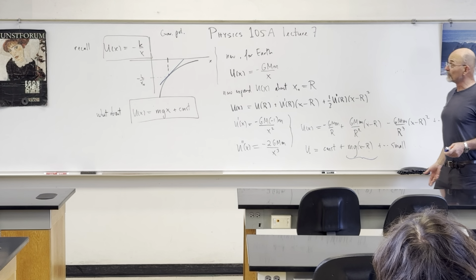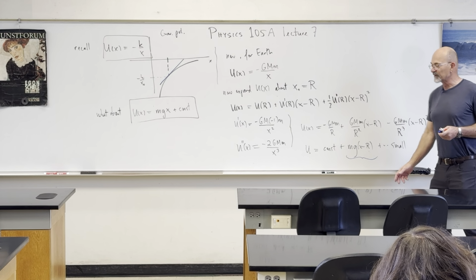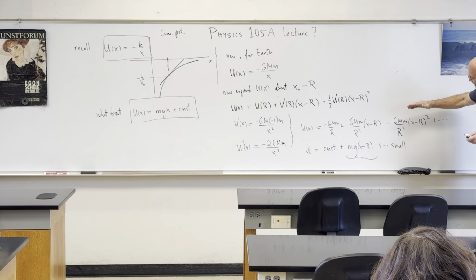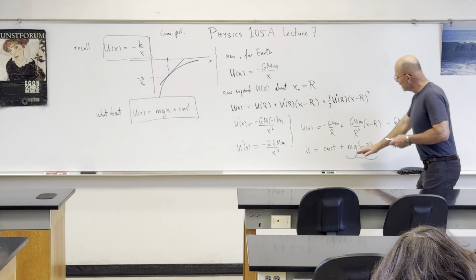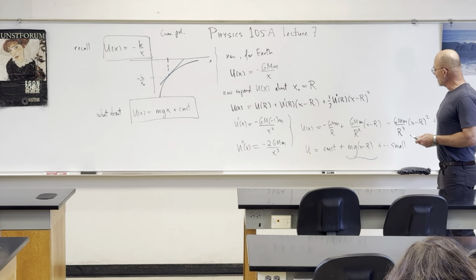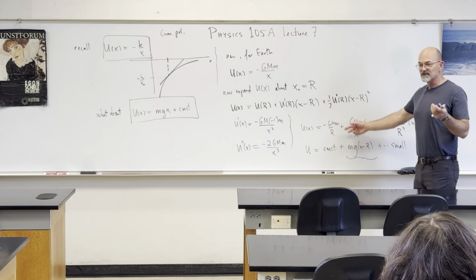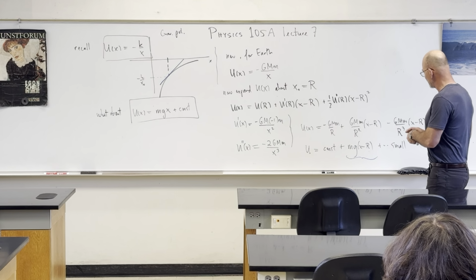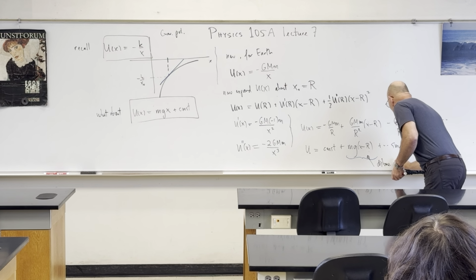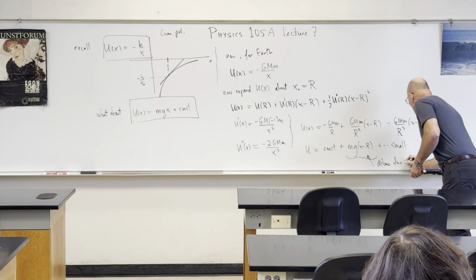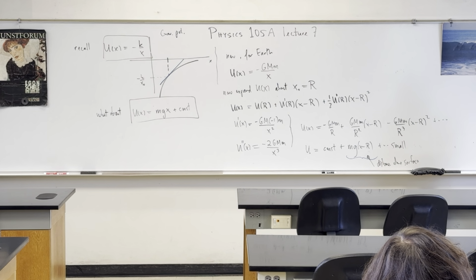Say, okay, what if I go 500 kilometers off the surface of Earth? Then I'm going to have to include this one here to get a more accurate picture. But otherwise, this is just the linear expression. Call it mgy if you want, okay? Or mgh, the distance above the surface. So let's make sure this is the distance above the surface. So yeah, we have a nice concrete example.